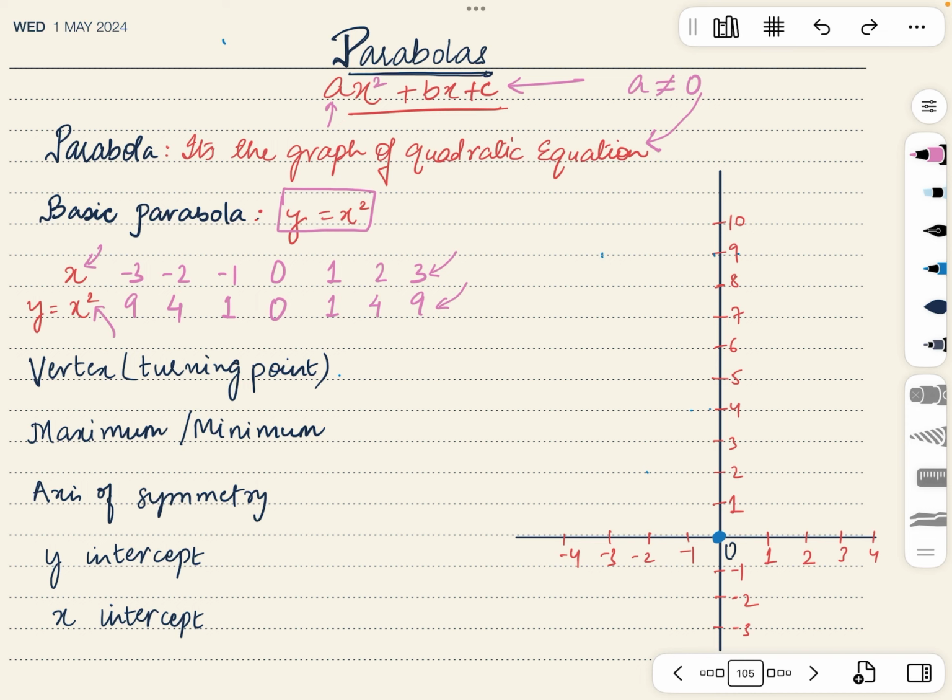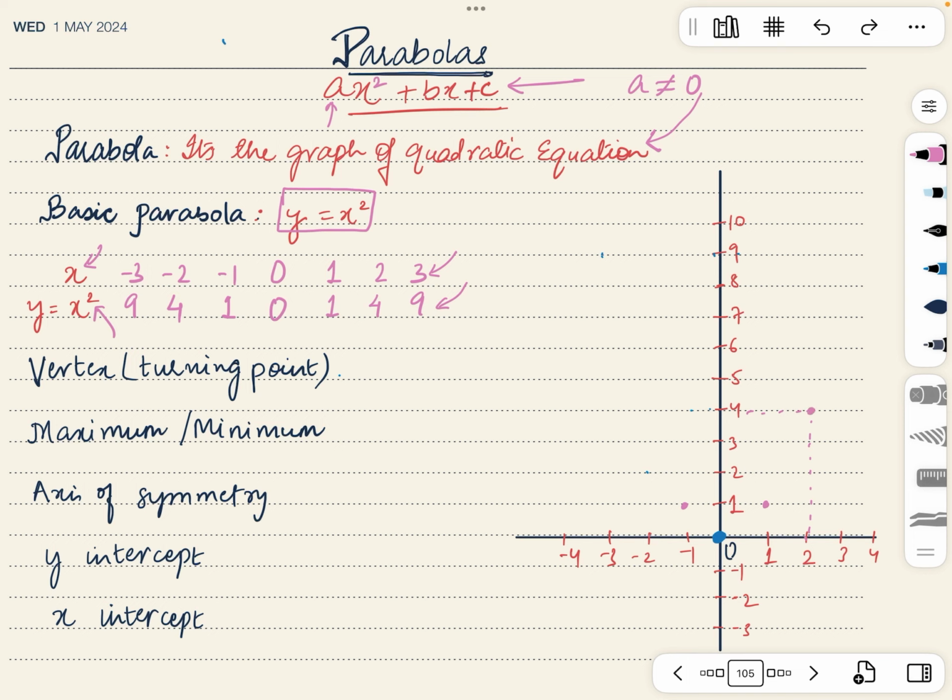That's what we need to understand here: we get the same values of y, be it a negative x or a positive x. If I plot them, at 1 I'm getting 1, and at -1 also I'm getting 1. Similarly, at x = 2 we get y = 4, so I plot it.